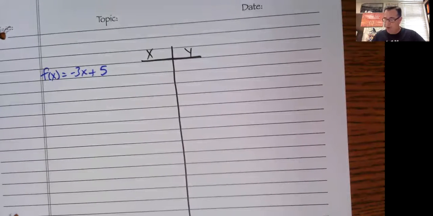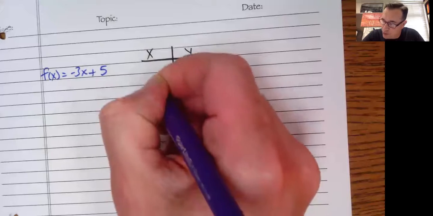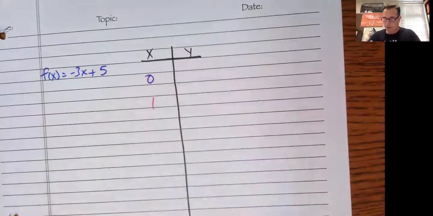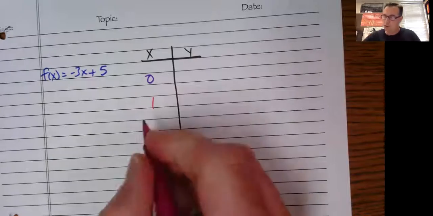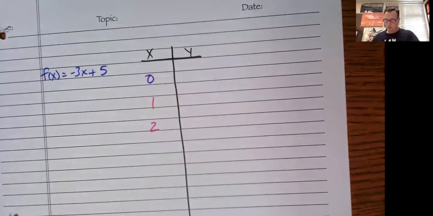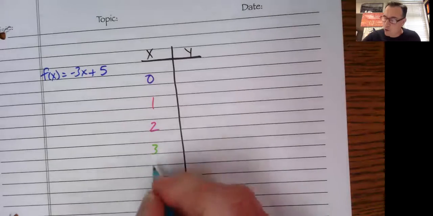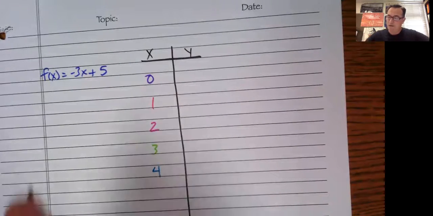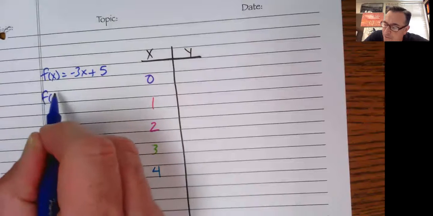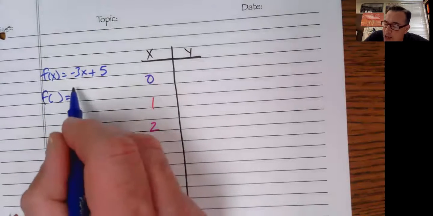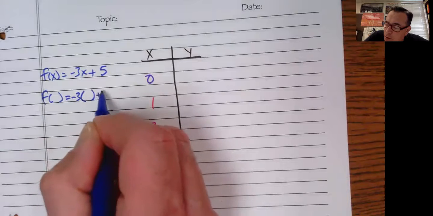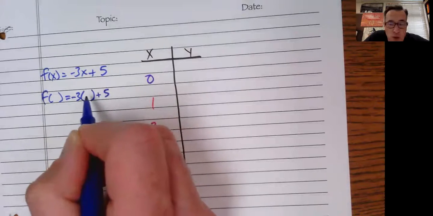So let's do the ones that we had done before. So let's do a 0, and then we'll do 1, 2, 3, and 4. All right, let's see what happens. I'm going to make the frames for each of these. So f of blank is equal to, now when I do this, I do have to remember that I've got more than just one work thing to do here.